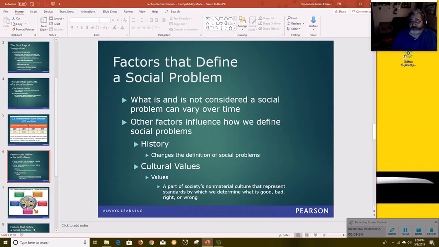So if there's illiteracy, so people who cannot read, that is a social problem. Okay. History changes the definition of social problems. Okay. So, back in the days, slave labor was used, and of course now we can't do it. There are laws against it, labor laws. Children were used. Child labor laws are put into effect.